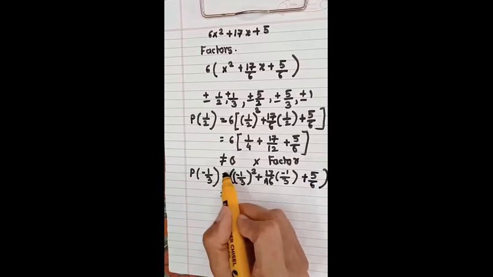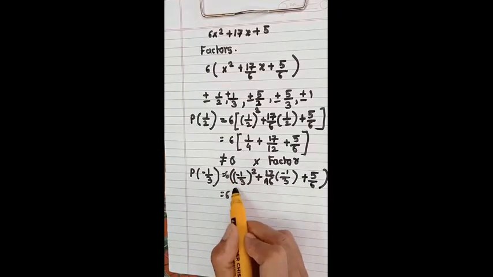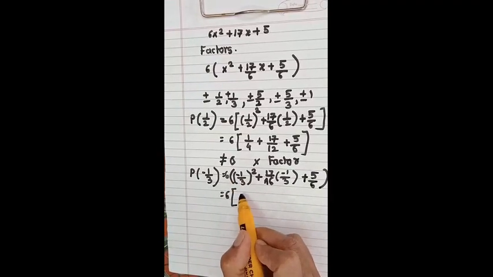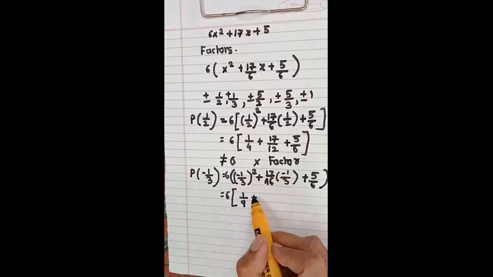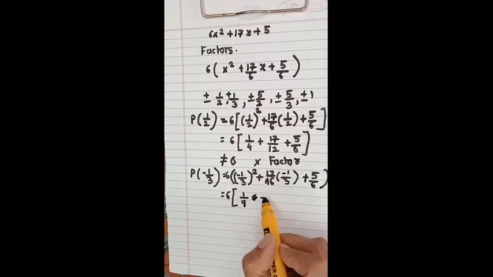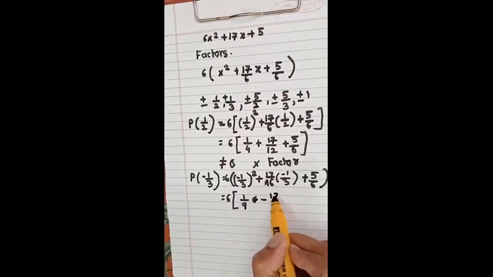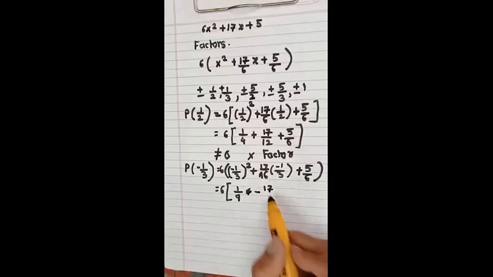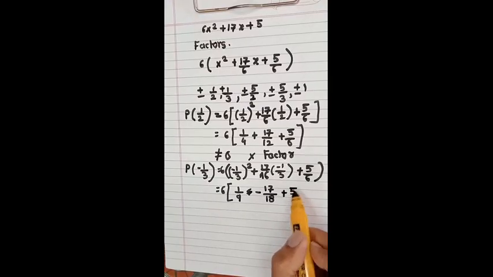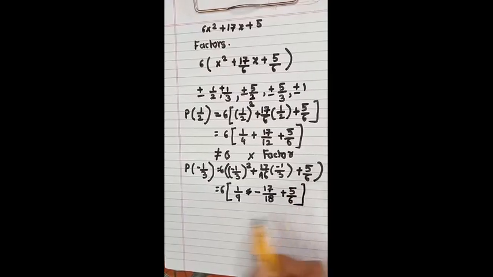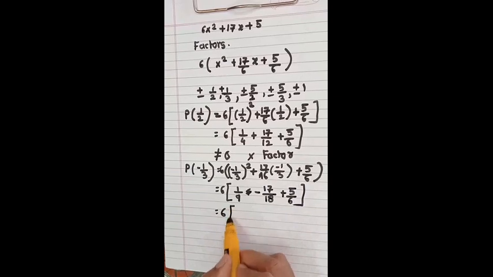So I get here 6 into bracket 1 upon 9, minus 17 upon 6 into 3, that is 18, plus 5 upon 6. So I get the common term 18.